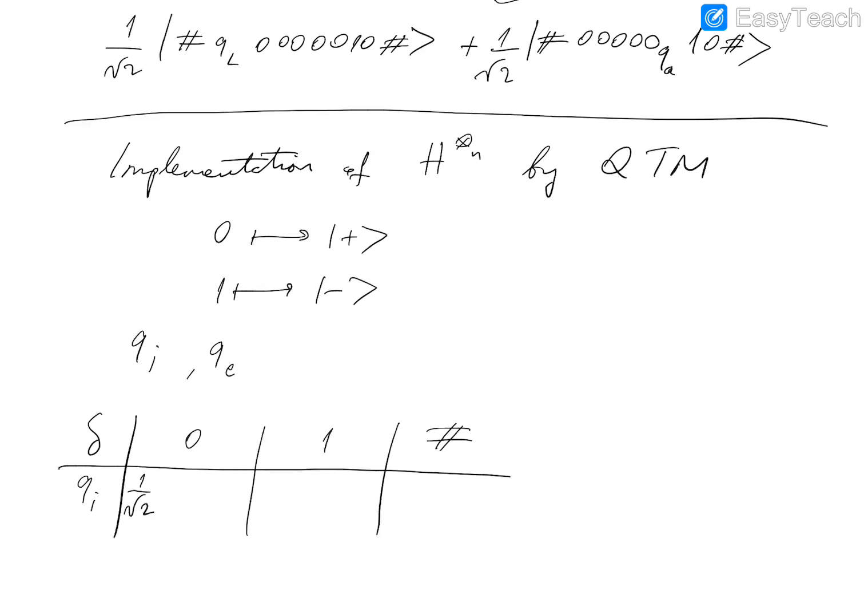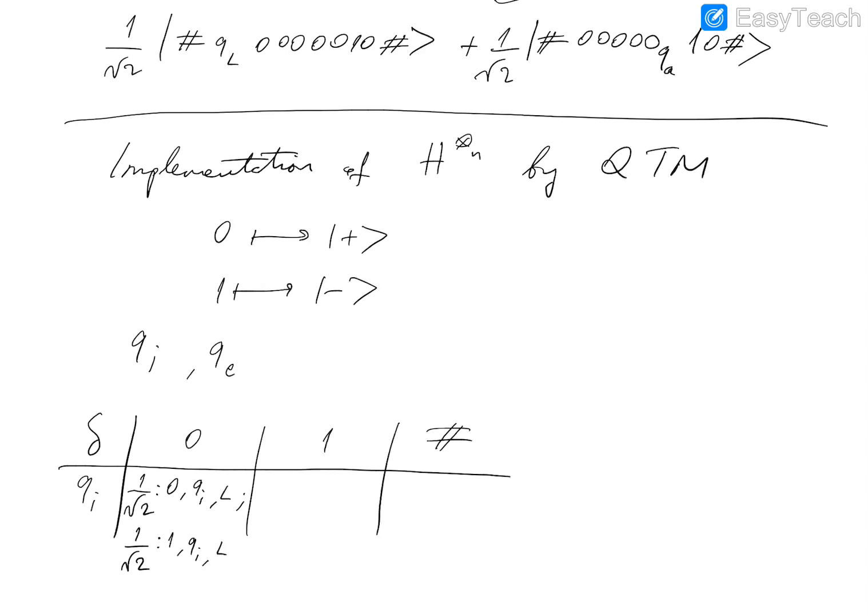So 1 over square root 2. We will write 0. Okay, this is the symbol that we are going to write on the tape head, and we will remain in Qi, and then we move the tape head to left, and then with 1 over square root 2 amplitude, we will write 1. We will remain in Qi, and we go to the left.